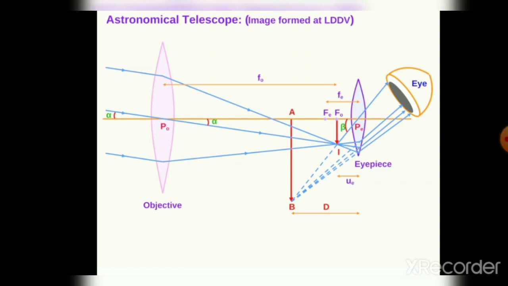When the telescope is focused on a distant object, parallel rays coming from the object form a real, inverted and small image at the second principal focus of the objective. This image acts as the object for the eyepiece, and the eyepiece is moved to and fro to get the final magnified, inverted image at a certain distance from the original object.